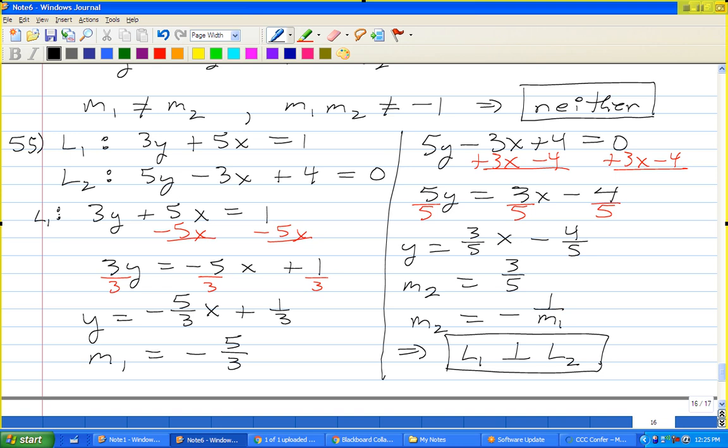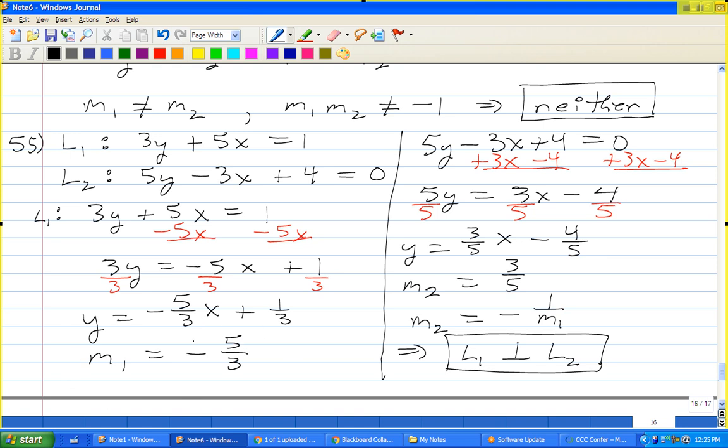To solve for y, I'll isolate y on one side of my equation. So I'll subtract 5x from both sides. Now I want to solve for y, so I'll divide every term by 3. And so the number in front of x is -5/3, so that's the slope of the first line.